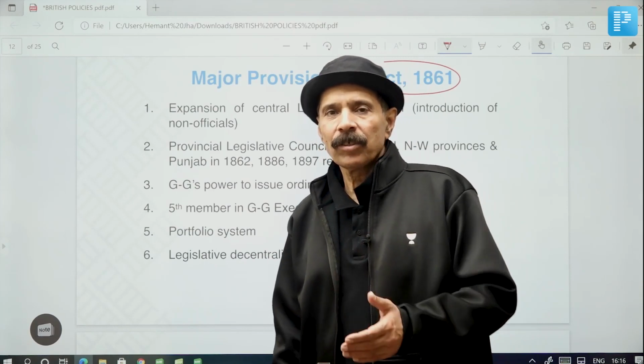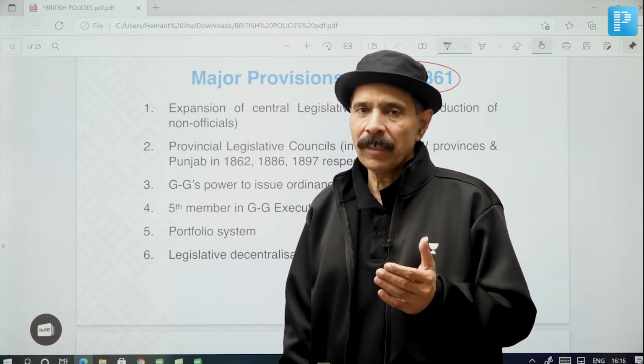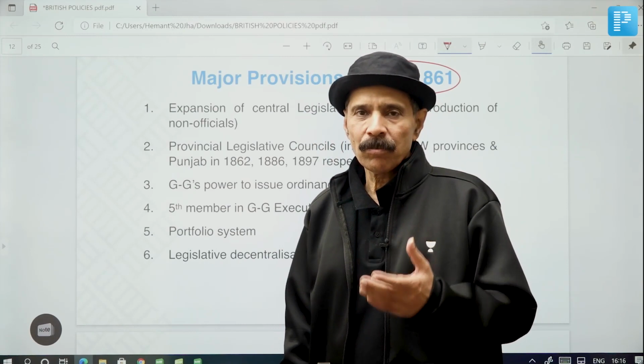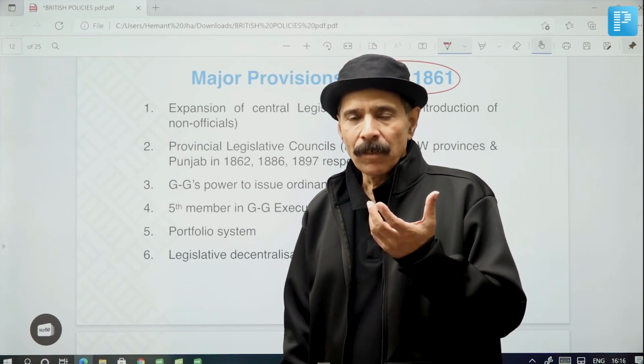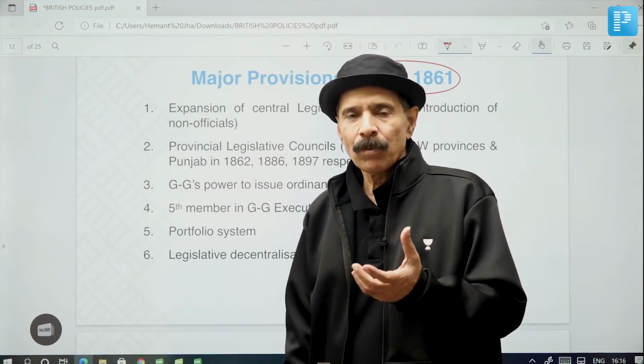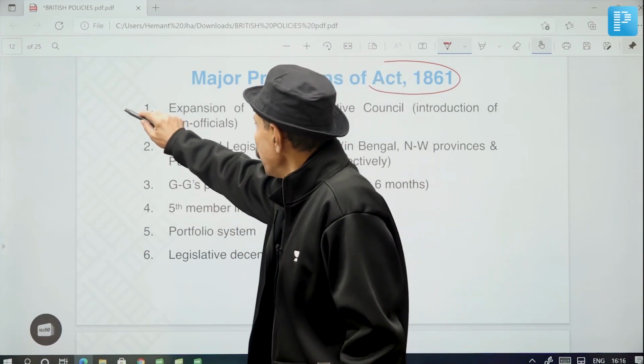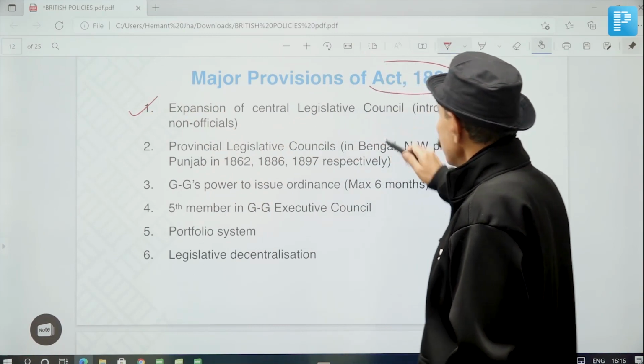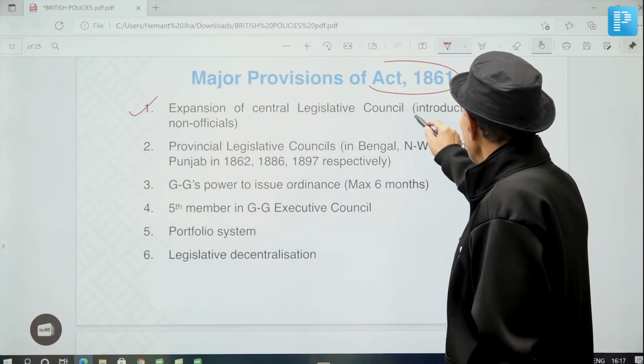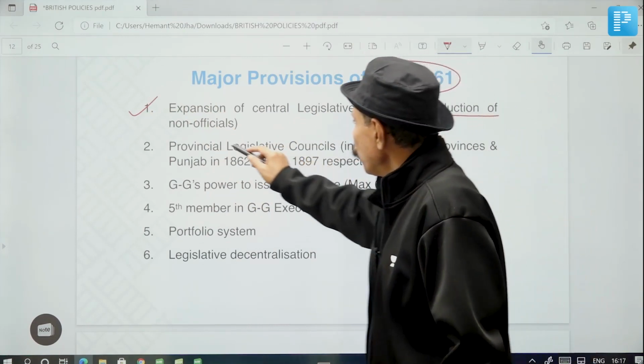So this was the first Indian Council Act, known as Council Act because the dominant provisions were related to Legislative Council. So first point here is expansion of Central Legislative Council by introducing non-official members.